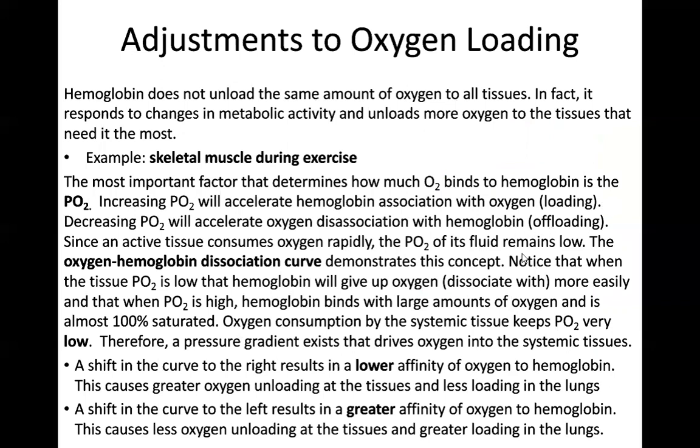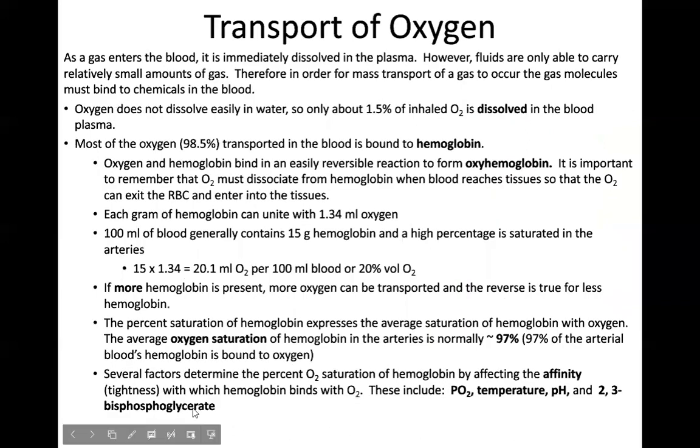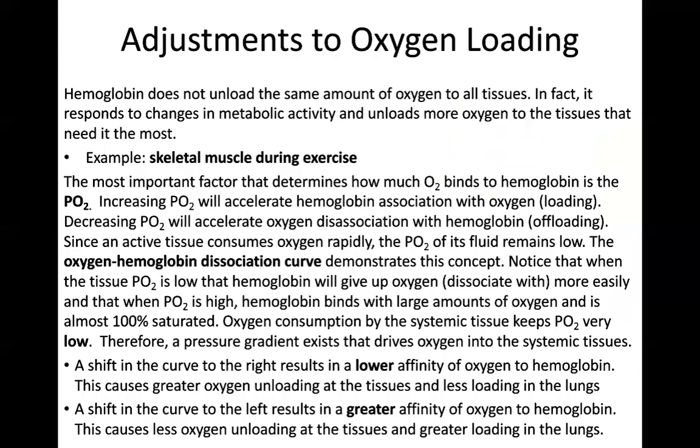Now, what's kind of crazy is that the curve can actually completely shift to the right or the left. A shift to the right lowers affinity. Affinity, I said, is the same thing as tightness, so how strongly oxygen is holding on to hemoglobin. I want you to highlight this.